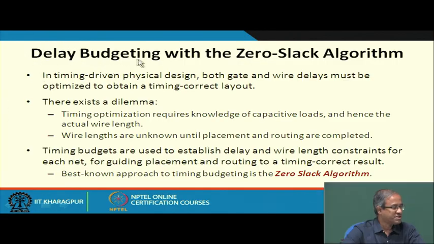We use a concept called delay budgeting, which means at the output of each gate we put some delay budget, that is, how much additional delay we require there. Once we have the delay budgeting, in a subsequent step we can do some physical process by which we actually increase the delays in those lines.